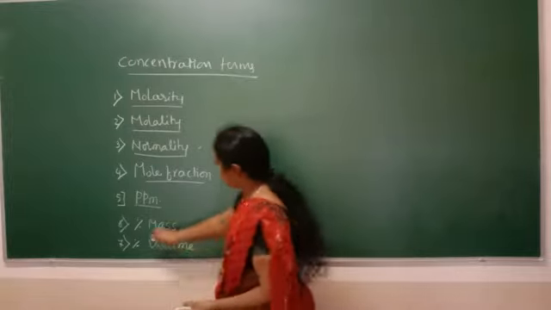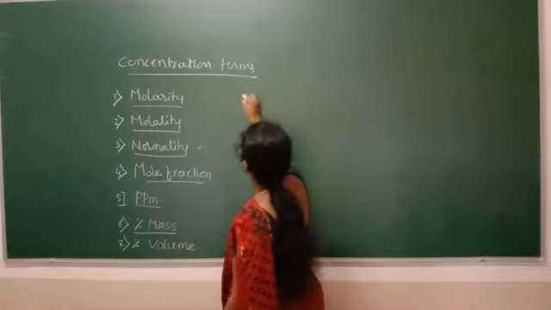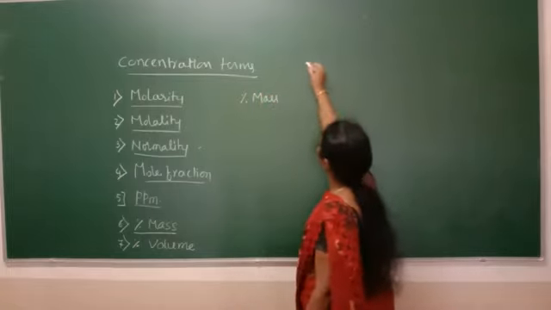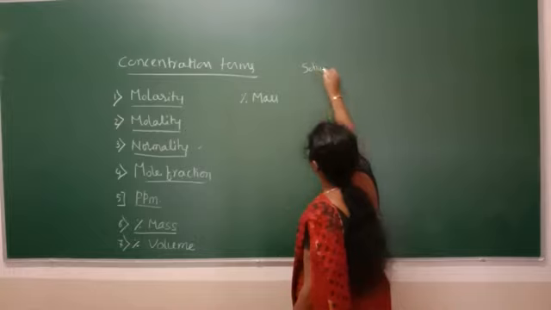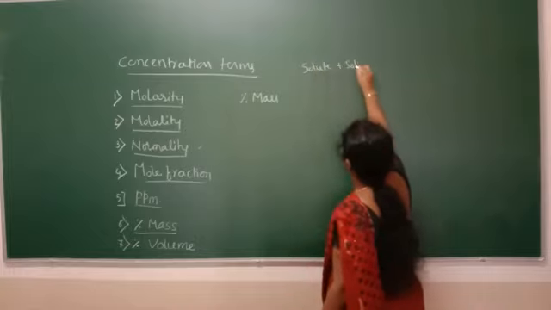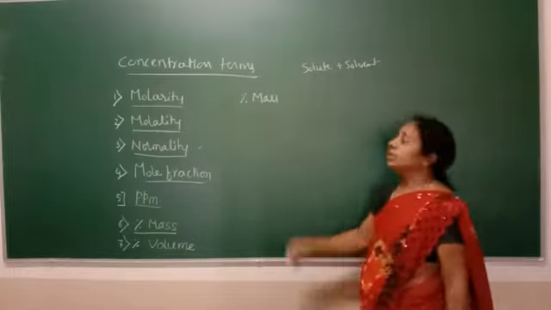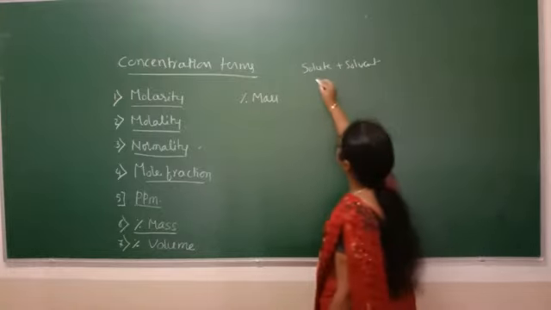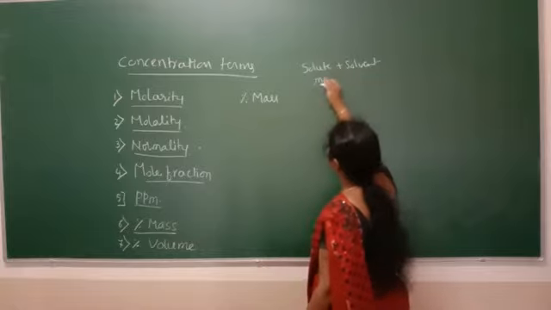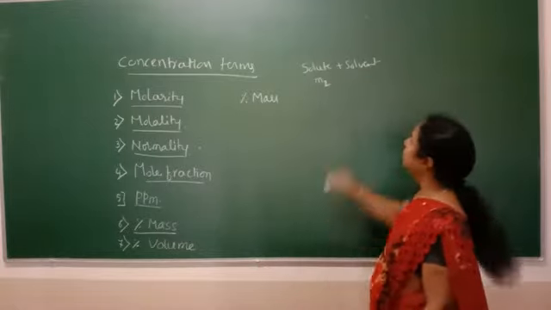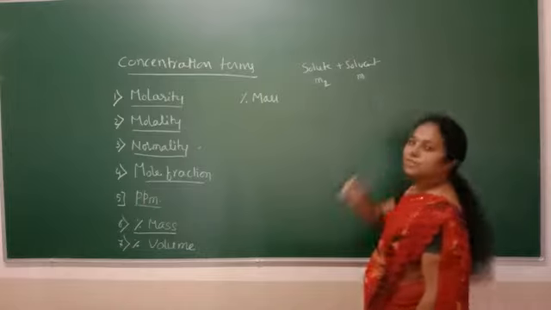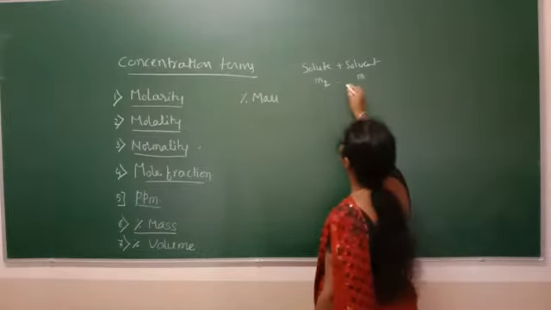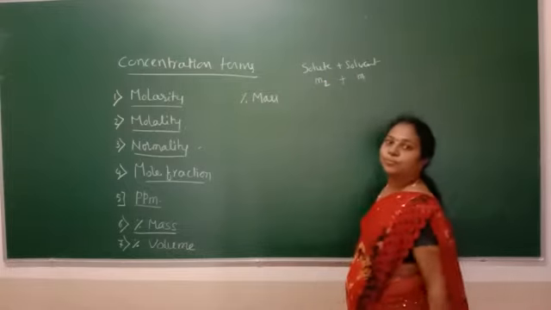It is called percentage mass. So percentage mass. We have a solution in which there is the presence of solute and solvent. In this solution, the combination of solute and solvent, if M2 is the mass of solute and M1 is the mass of solvent, then we take the sum of these two as M1 plus M2.